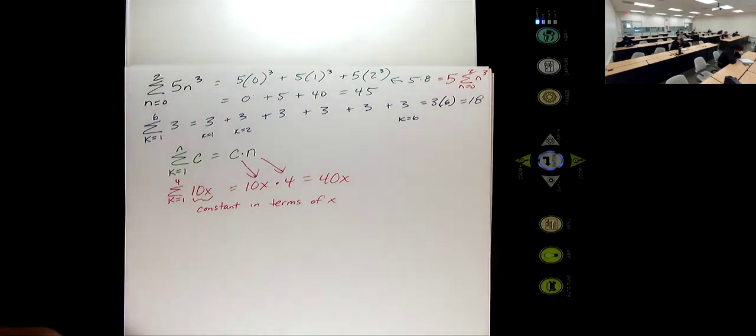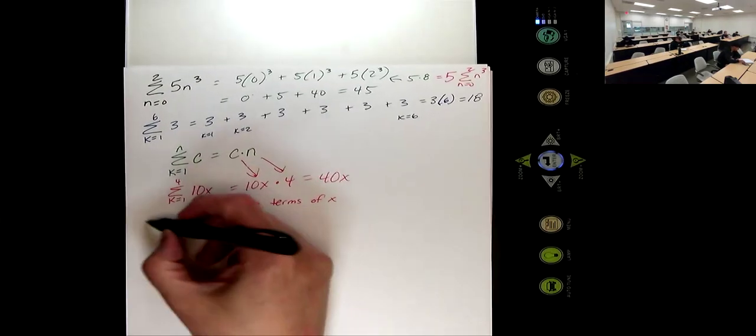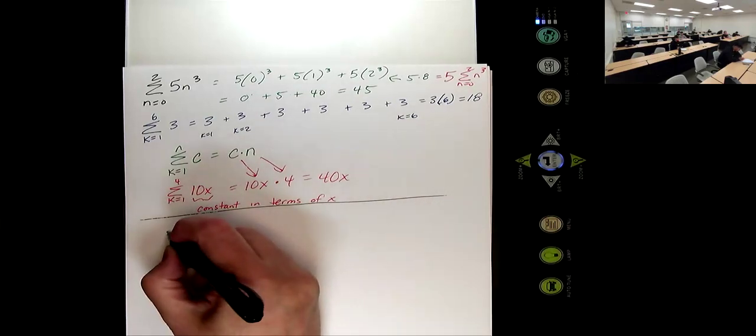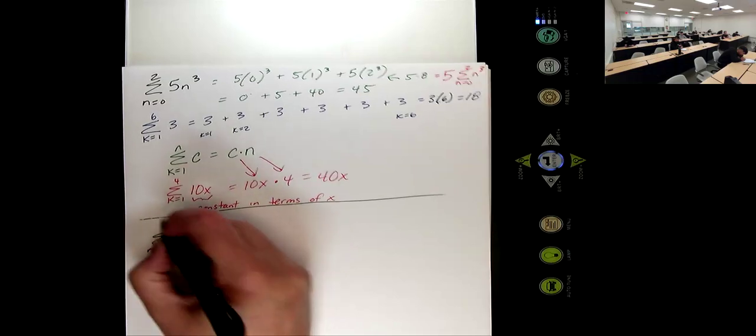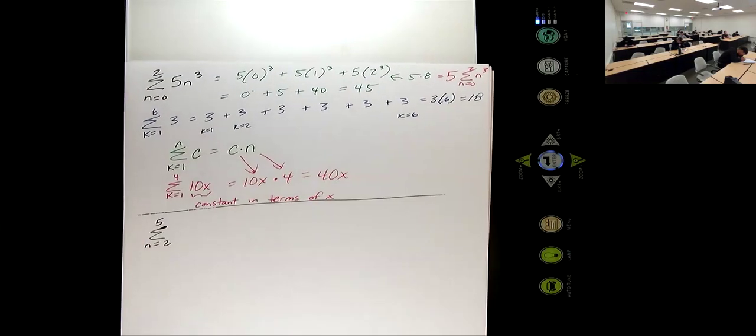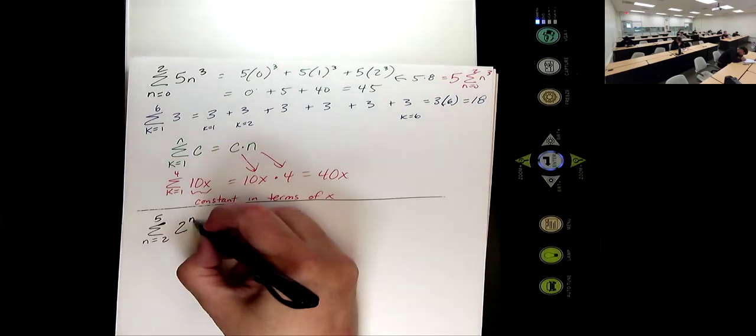Alright, next example, and we'll look at this a couple ways. The sum from n equals 2 to 5 of 2 to the n minus 1.